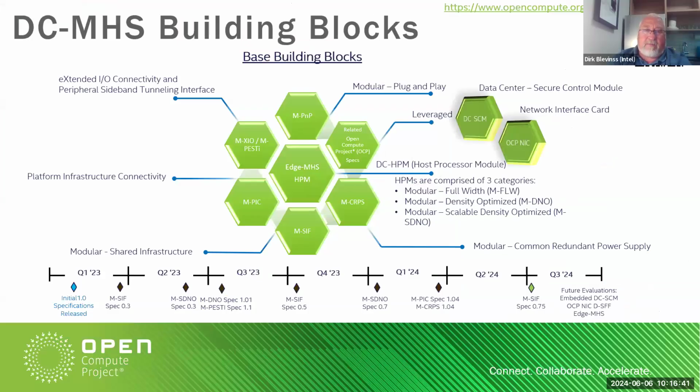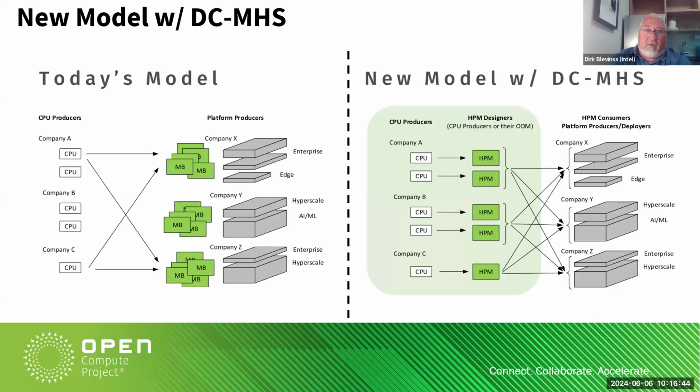So going back to this, it's kind of good that we went there because it starts to explain a little bit of what we're trying to do with the whole MHS effort. If you look at the current model that exists today, everything's essentially a bunch of different vendors producing different products. But then there's a bunch of monolithic motherboards that people build into monolithic appliances.